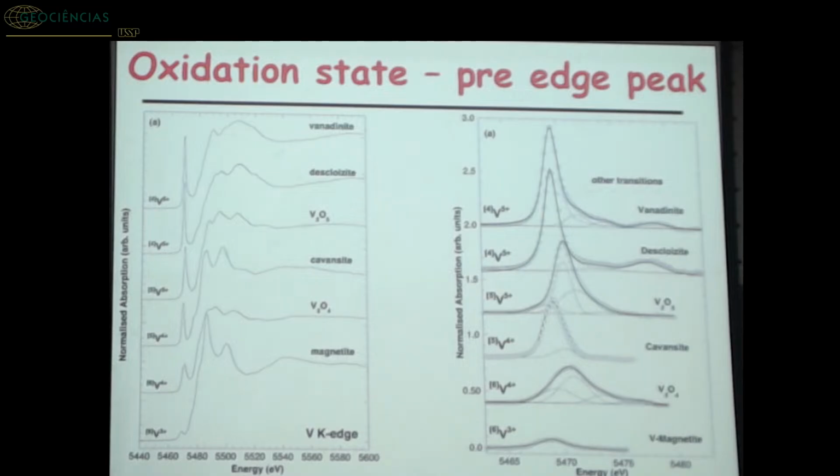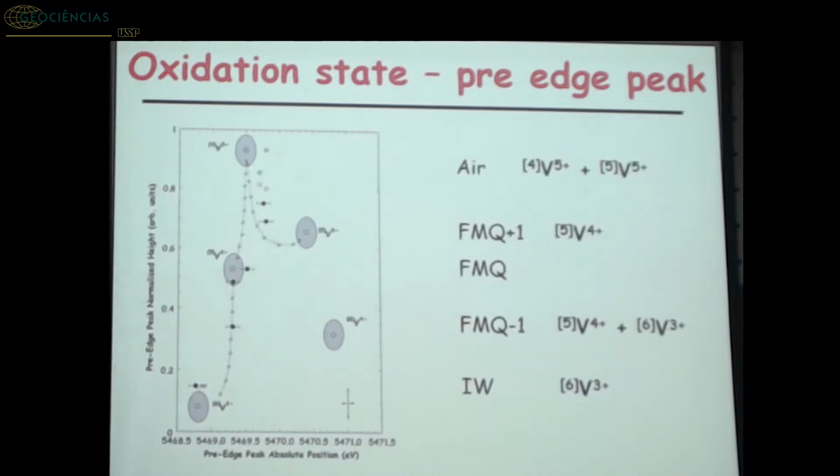And this is another element, just to see a different kind of element. This is vanadium with different model compounds, with different oxidation states and coordination numbers. In this case, the pre-edge peak plots at a different intensity and energy according to the oxidation state and coordination number.